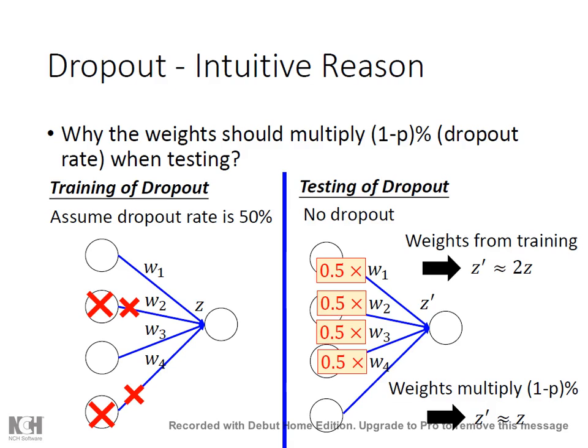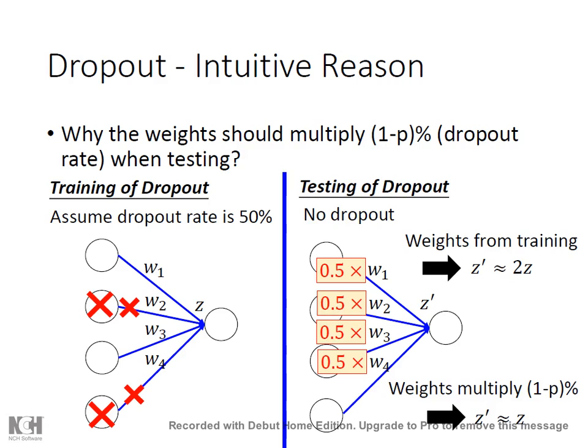So that's why we should multiply with 1 minus the drop rate here, to decrease their weight.